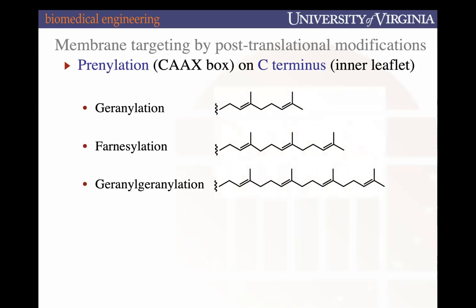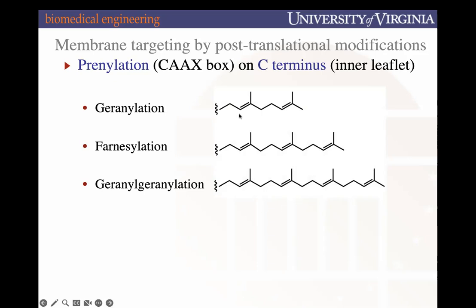On the C terminus, there's going to be a motif. Again, a motif is a specific amino acid sequence. It's cysteine, alanine, alanine, not cytosine, and then X is any amino acid after that. They call it the CAAX box. So the CAAX box is a motif that is a target for prenylation.